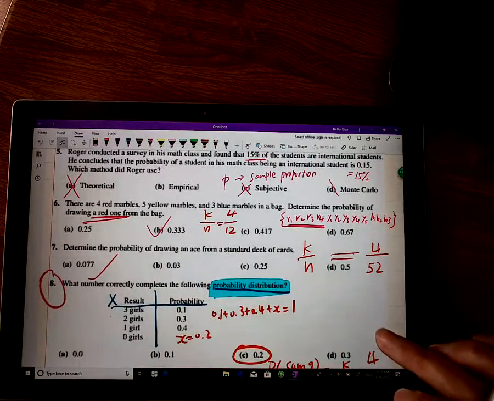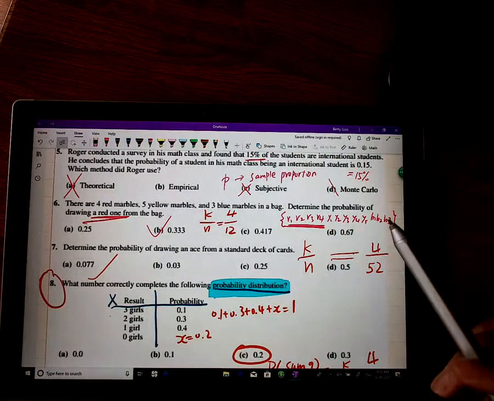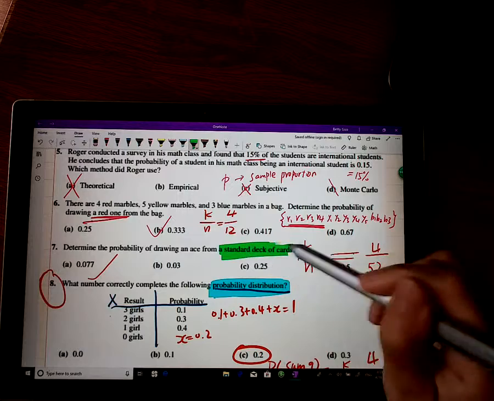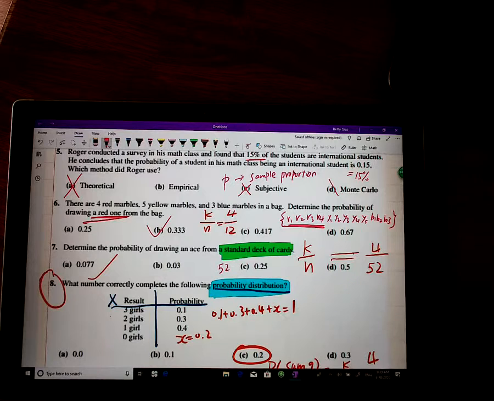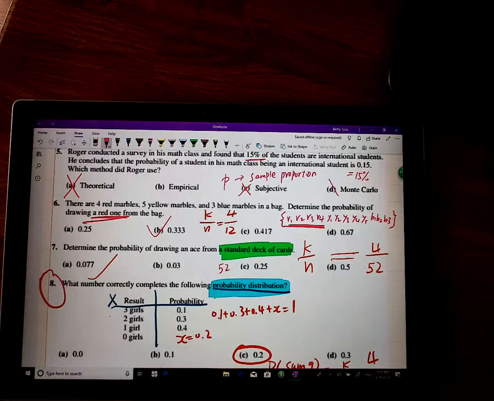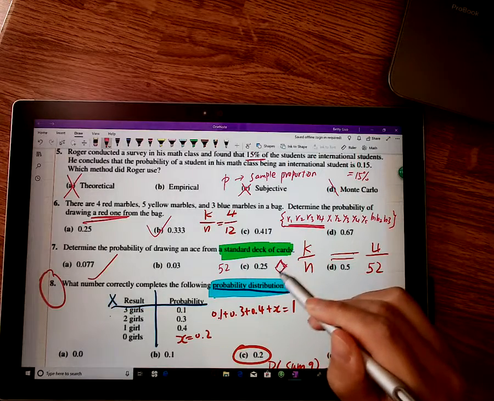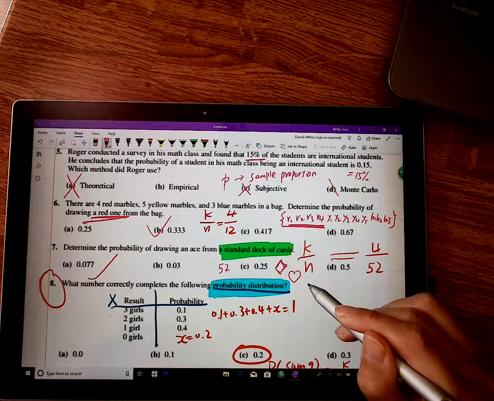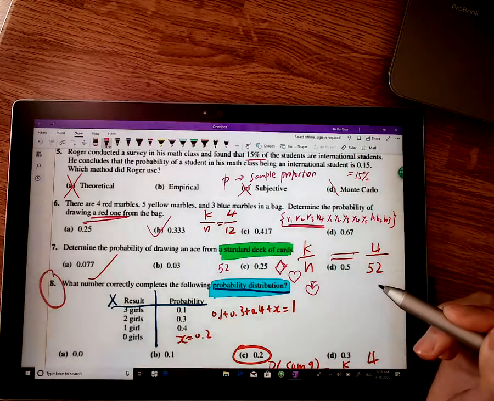Number 7, determine the probability of drawing an ace from a standard deck of cards. A standard deck of cards has 52 cards. A quarter of them, like 13 of them, are diamonds. It looks like this. A quarter, another 13 are hearts. Another 13 are spades.